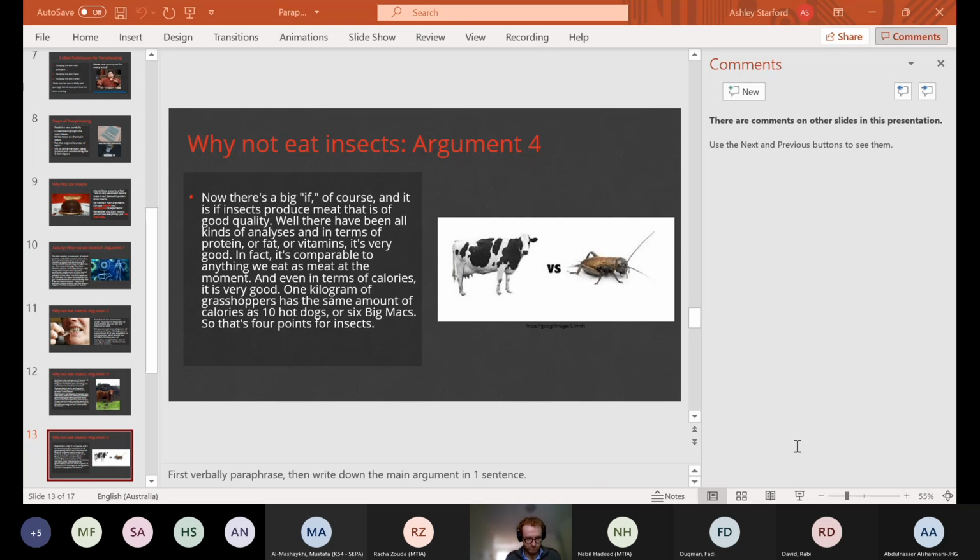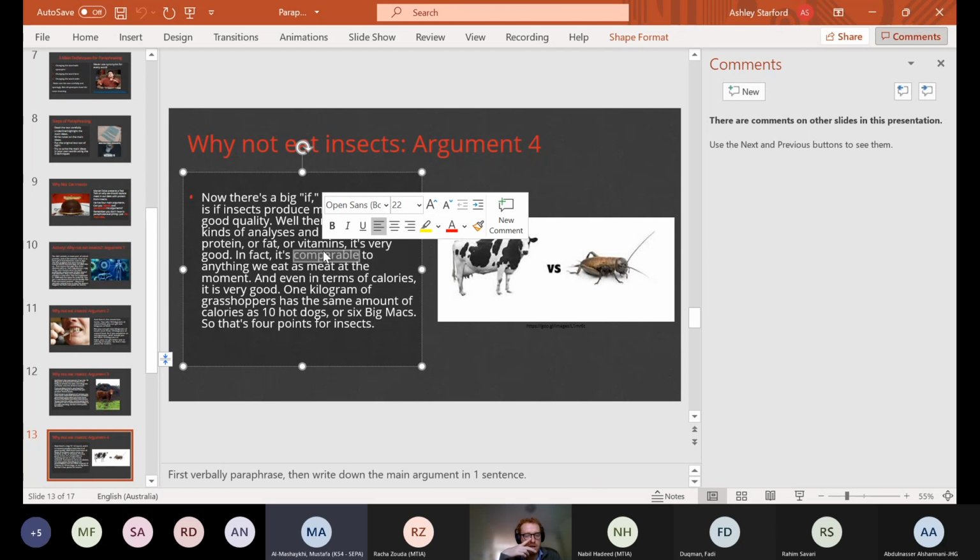So the comparisons are good to other meat for humans. It's sort of saying that the comparison is good. It's not really saying that insect meat is better. In terms of high calories?